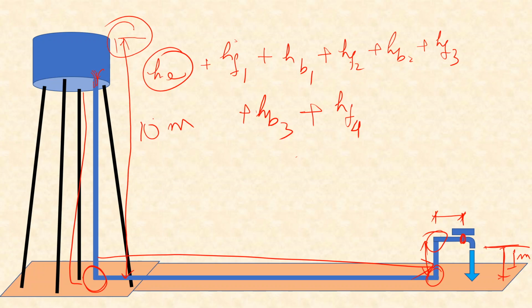Now in this case, the valve or the tap is controllable. If it is completely open, and if it is not very properly designed, then there will be some loss. So let's account for that loss by calling it H. We can call it head loss at the tap or head loss at the valve.